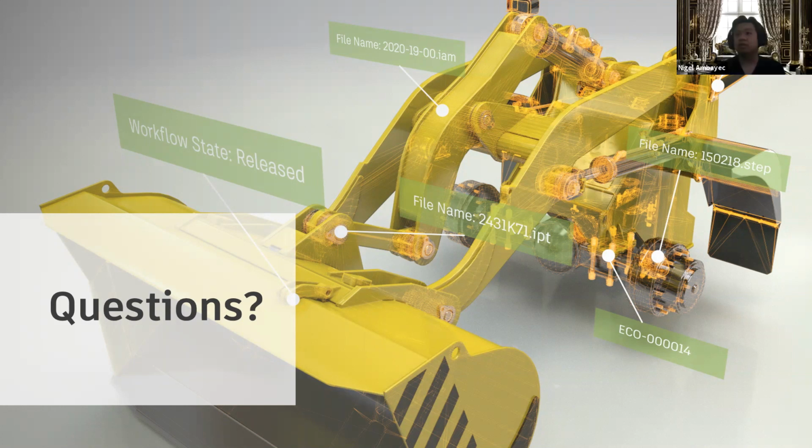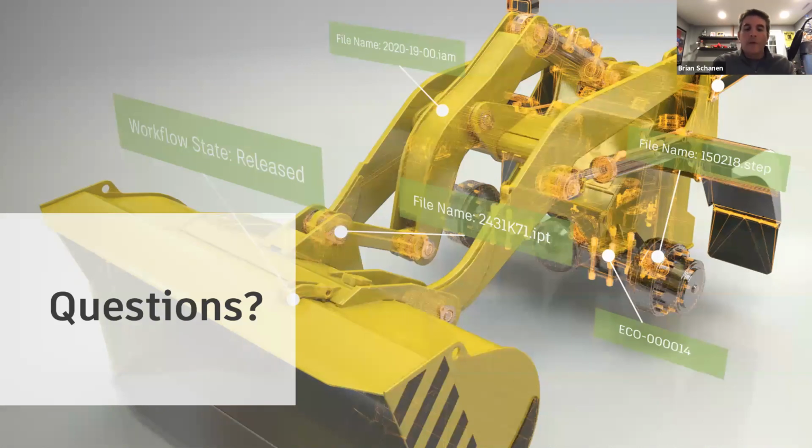And then how does this work for CAD users versus non-CAD users? That's a great question, because we're talking about the process and involving people outside of that engineering bubble. How does it work for those people who are outside of CAD, Brian? So you don't need to have a seat of CAD just to participate with this. Vault Pro can be installed on a machine of somebody who doesn't have any CAD at all.